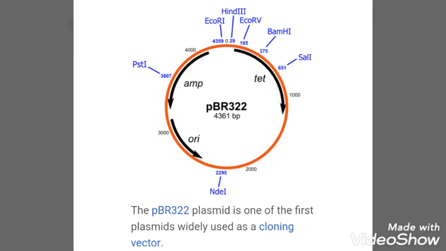So the vector diagram is like this. In pBR, p means plasmid, and BR stands for the scientists Bolivar and Rodriguez, who composed this plasmid in the laboratory. This is one example of an artificial plasmid.